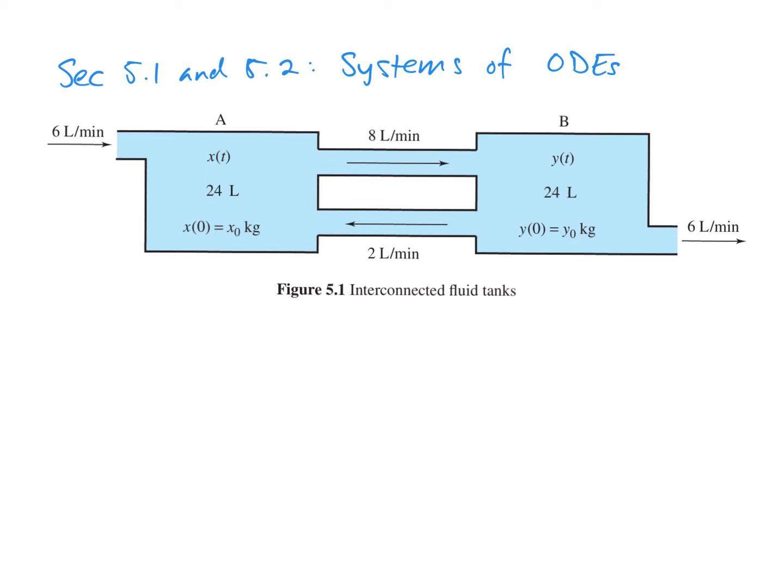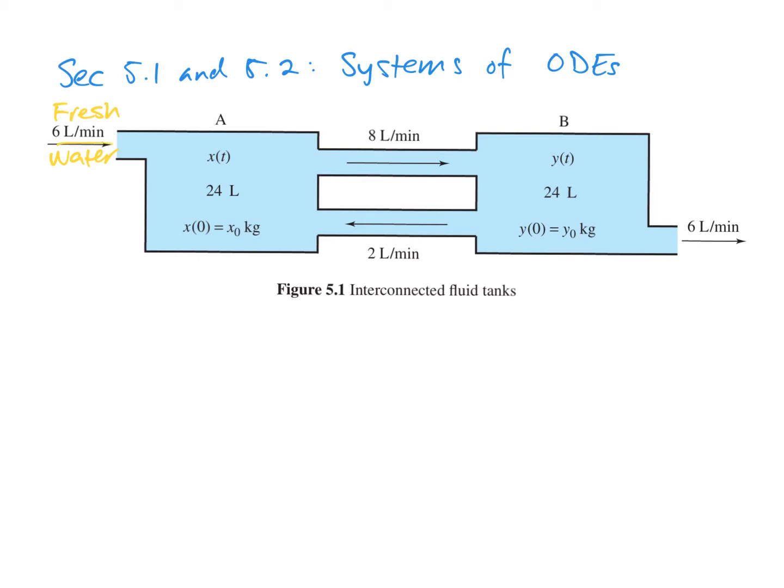So we'll start off with an example. We saw mixing problems and tanks before in chapter 3. And so this is a problem with two interconnected tanks. Here's the picture from the book. We have two tanks that have brine in them. We have fresh water going in at 6 liters per minute here.